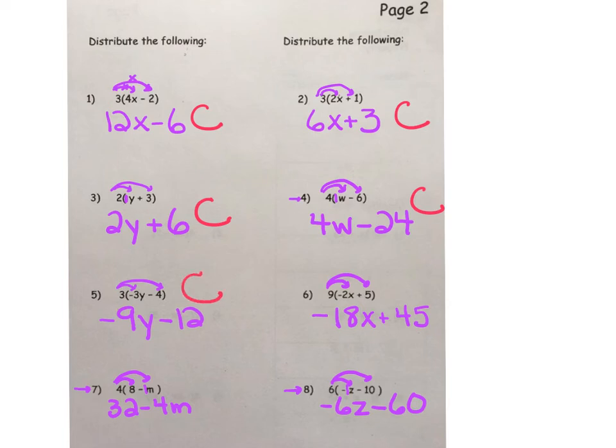For number 6, negative 18x plus 45. For number 7, 32 minus 4m, and for number 8, negative 6z minus 60.